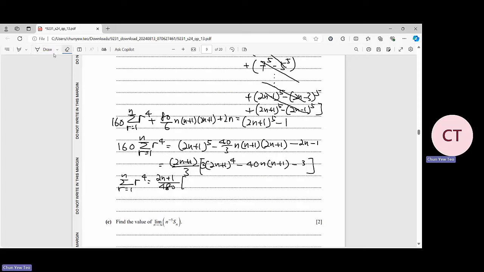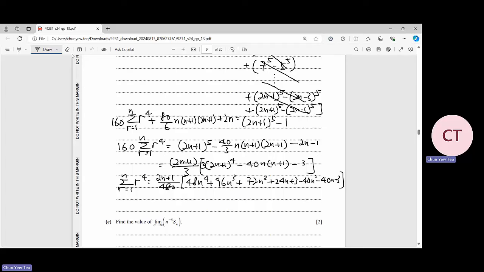Using the binomial expansion, I get 48n power 4 plus the 96n cube plus the 72n square plus the 24n plus 3, minus the 40n square minus the 40n minus 3.